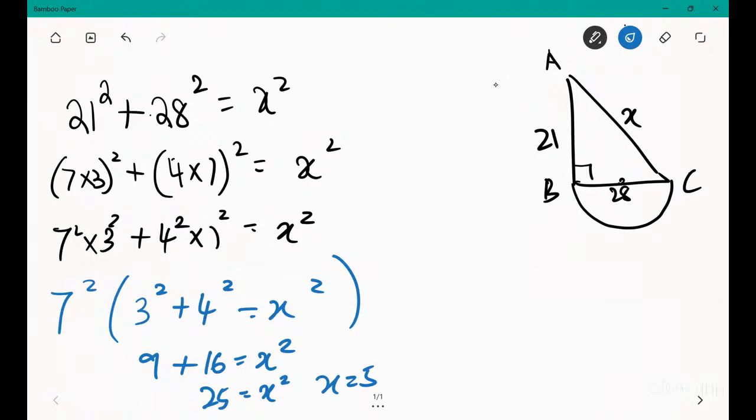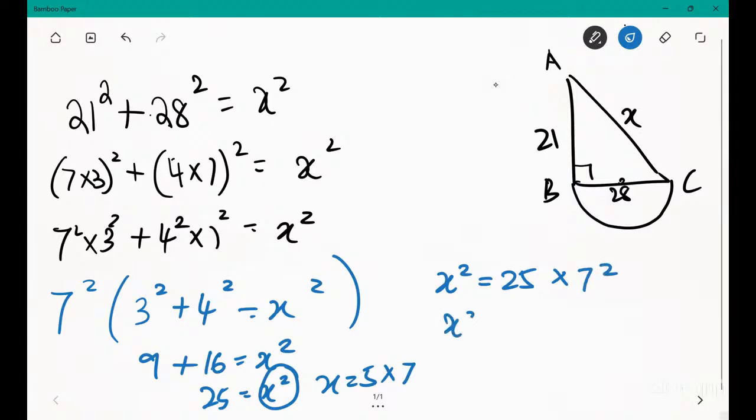Here you got 25, but remember, you also have the remaining 7 squared over here.